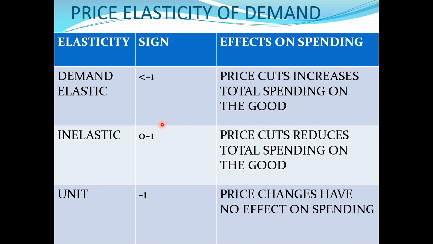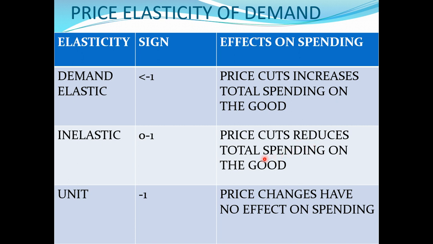Alright, if demand is inelastic, then the answer should be between 0 and 1. In such cases, since demand is inelastic, price cuts reduce total spending. I mean, demand is not responding.